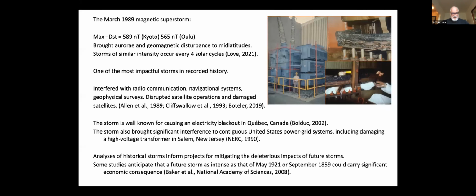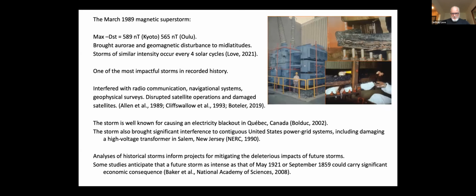Now, the analysis of historical storms informs projects for mitigating their deleterious impacts. And that's an important priority within the US government. I work for the US government, so I do what I'm told. We're working on this with pleasure, actually, to better understand the impacts that storms could have in the future.